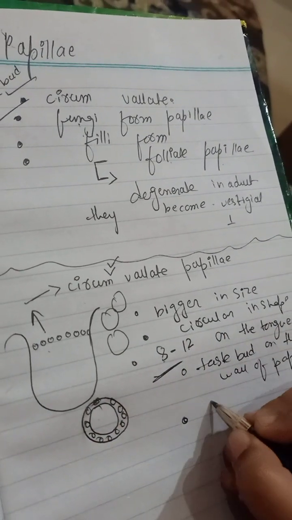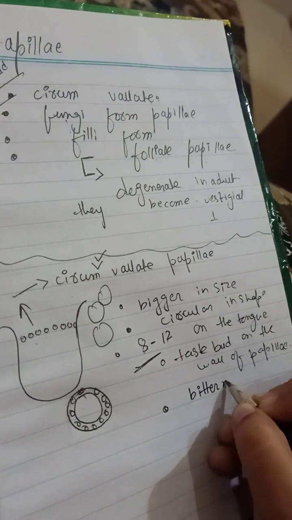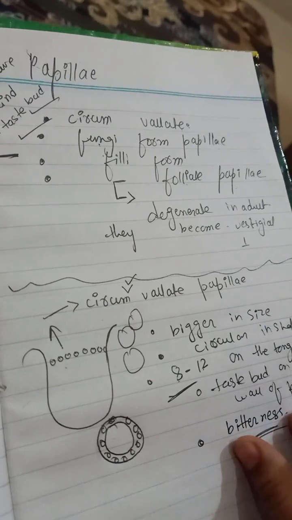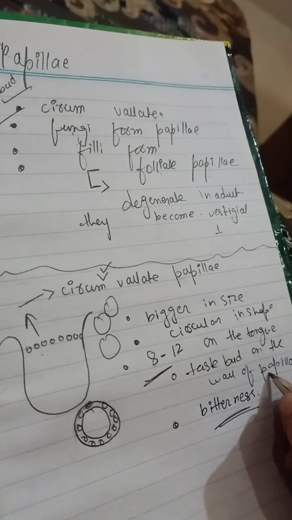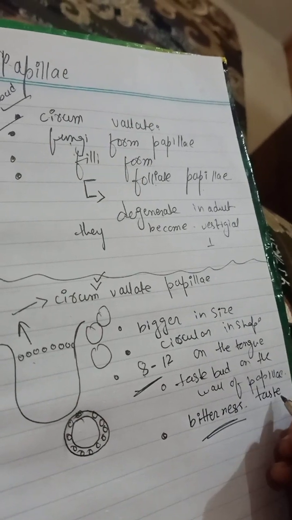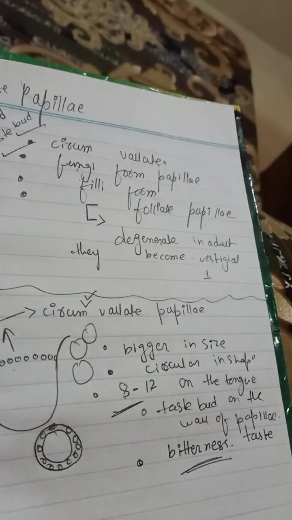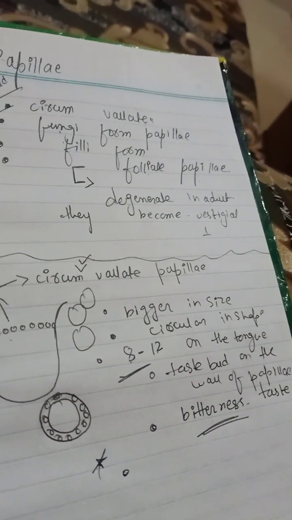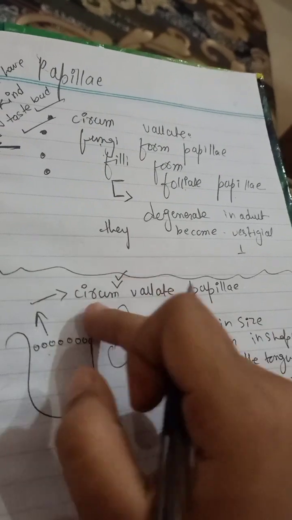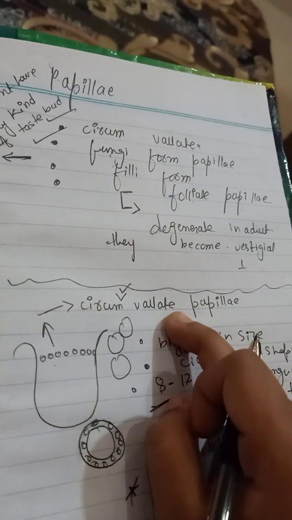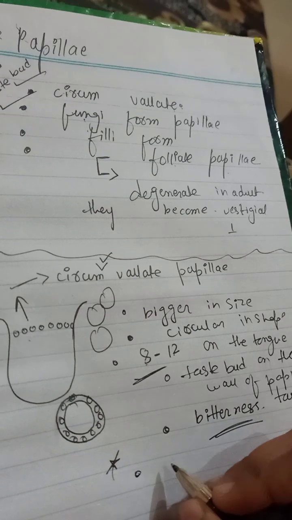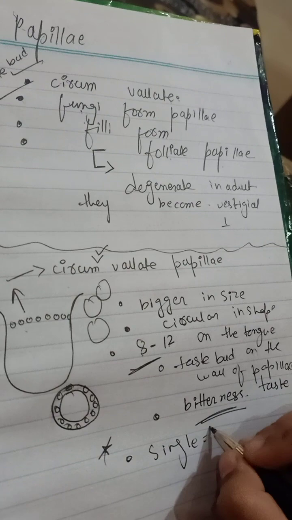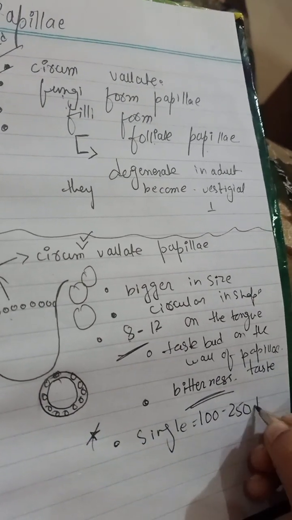They carry the bitterness taste. Okay, and this is important: in a single circumvallate papilla, how many taste buds are present? In a single papilla there are 100 to 250 taste buds.